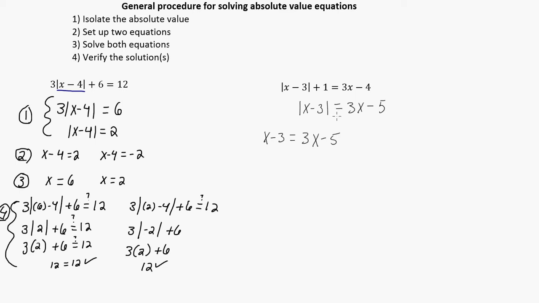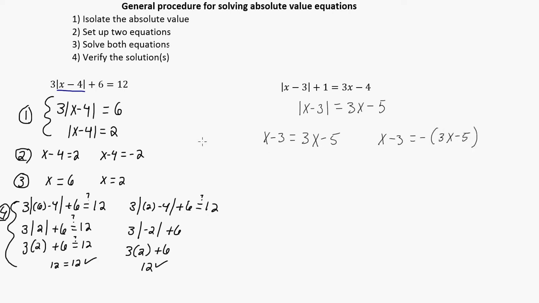Another way these could be equivalent is if x minus 3 is equal to negative (3x minus 5), because then when we take the absolute value of x minus 3, it becomes positive and equals 3x minus 5. So let's express that as x minus 3 equals negative (3x minus 5).